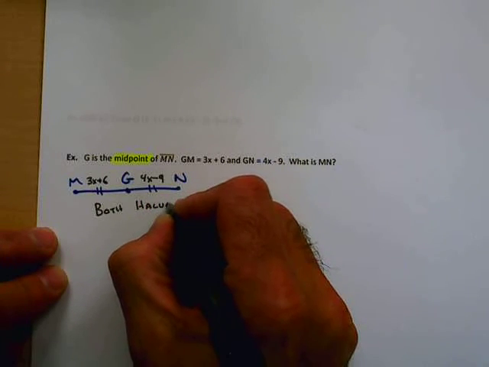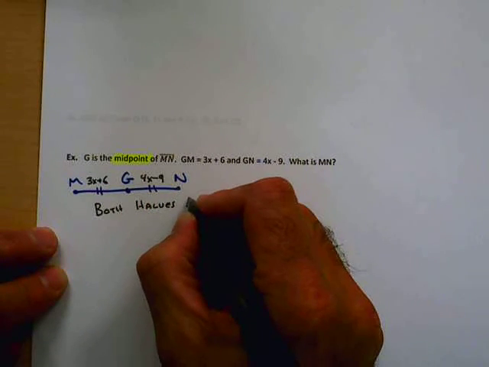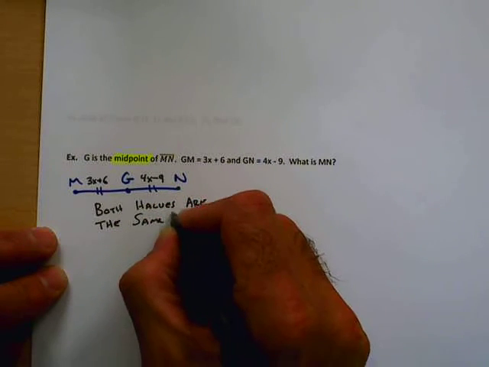Since that's a midpoint, we need to make sure we realize that both halves are the same length. And in that case, now we can start calculating that.